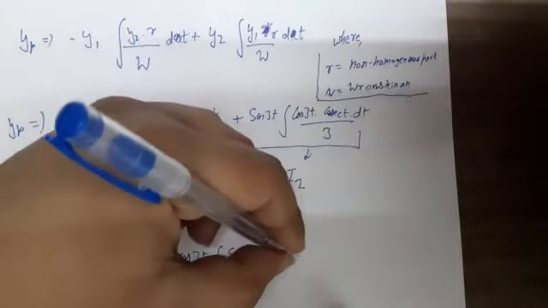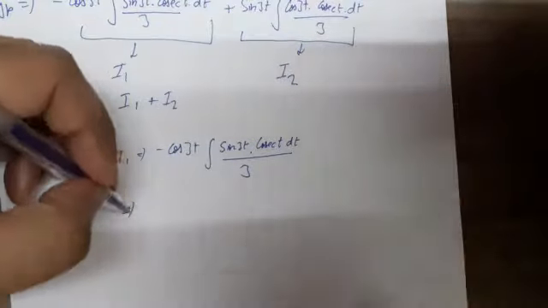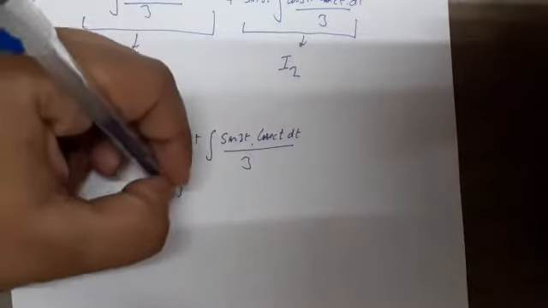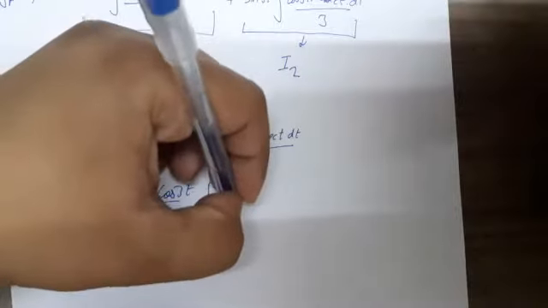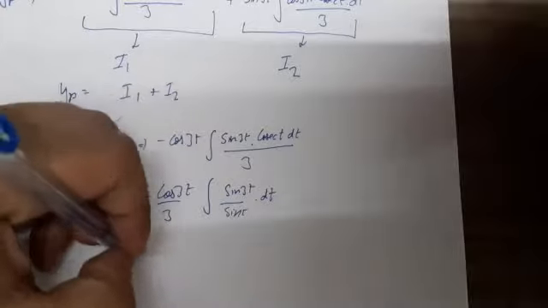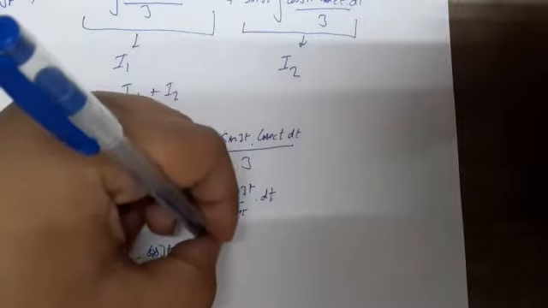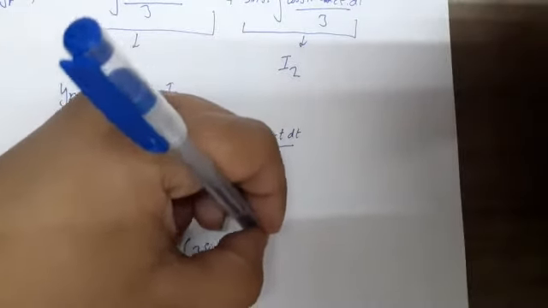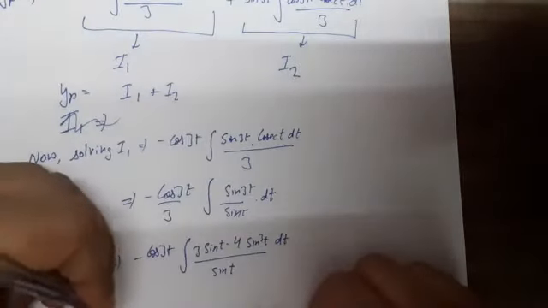Now cosec t is nothing but 1 upon sin t, so we write sin 3t upon sin t dt, and since sin 3t can be written as 3 sin t minus 4 sin cube t, we get minus cos 3t by 3 integration of (3 sin t minus 4 sin cube t) dt upon sin t.